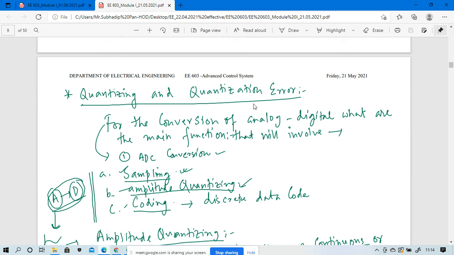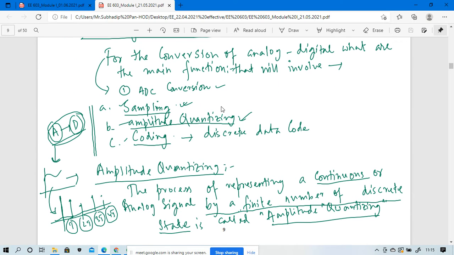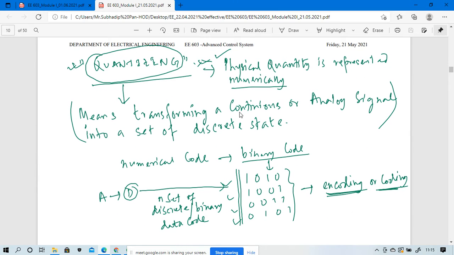Quantizing is the conversion process from analog to digital. There are three main functions: one is sampling, another is amplitude quantizing, and the third is coding. We already discussed what sampling, amplitude quantizing, and coding are in the previous lecture.